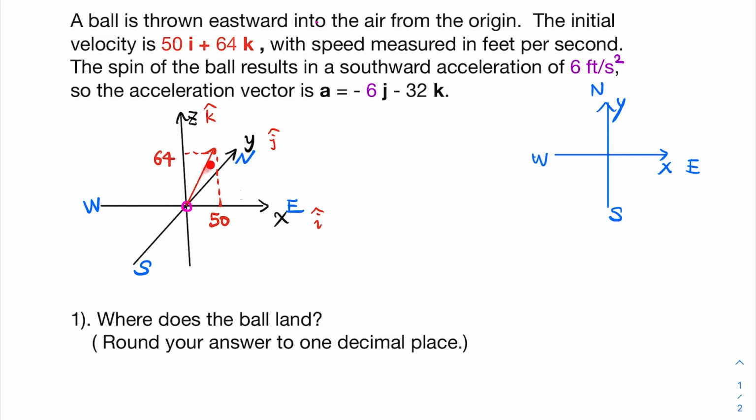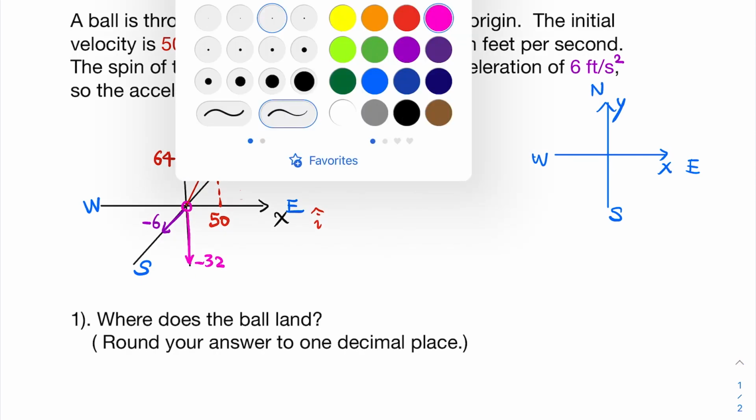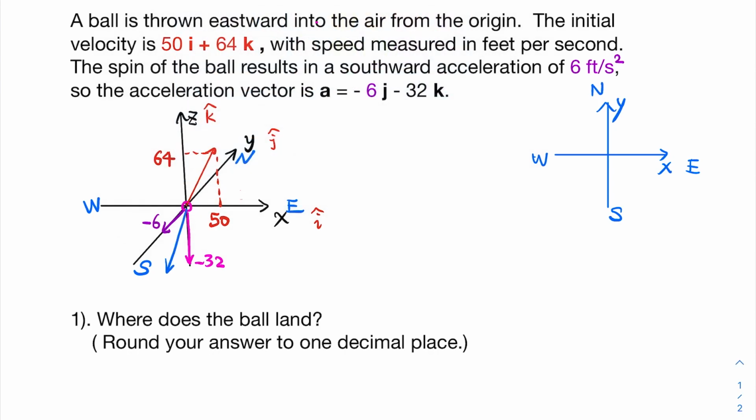The spin of the ball results in a southward acceleration of 6 feet per square second. So the acceleration vector is a equal to -6j minus 32k. So it's -6 along this y direction, but then -32 along the z direction. So the resulting acceleration is going to be pointing this way.